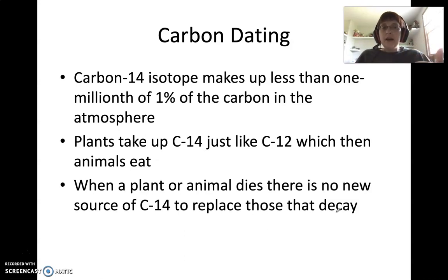But if you die, you're not going to be replacing any of them. So once that happens, any carbon-14 that you have in your body will start to undergo radioactive decay. And so it will start basically the countdown of the half-life clock on your tissue. And so this makes it incredibly useful for radioactive dating, radiometric dating.